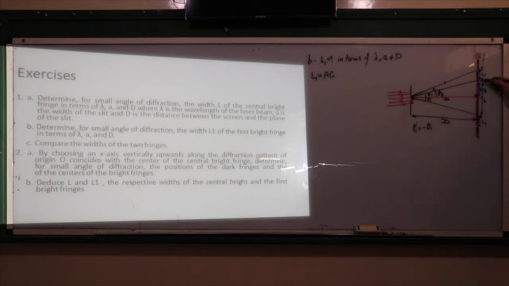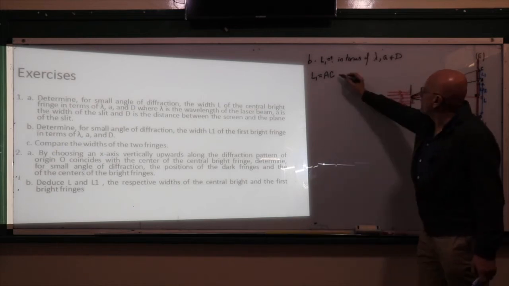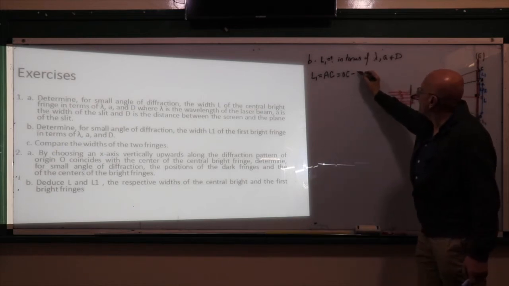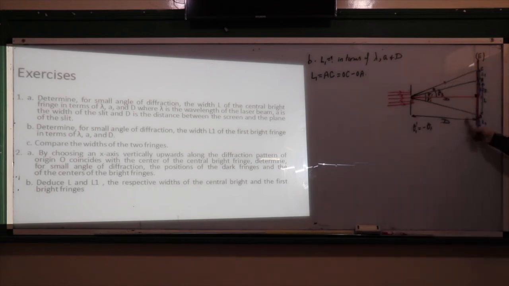Right, let's look. What is AC equal to? AC is equal to OC minus OA. And I have D. So here I can find OC by tangent theta 2, and I can find OA also by the same method.